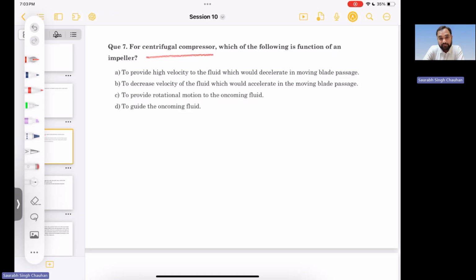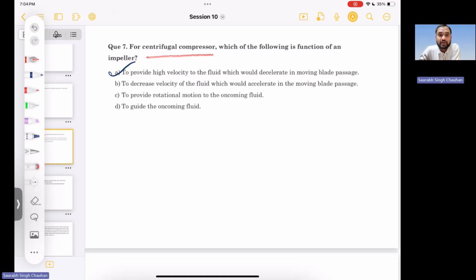Since the basic purpose of the impeller itself is to increase the kinetic energy of the fluid, it will provide high velocity to the fluid, and that will be converted into pressure energy later. So option A should be the correct option, right? Option B says to decrease the velocity of fluid. No, this is not the correct option.